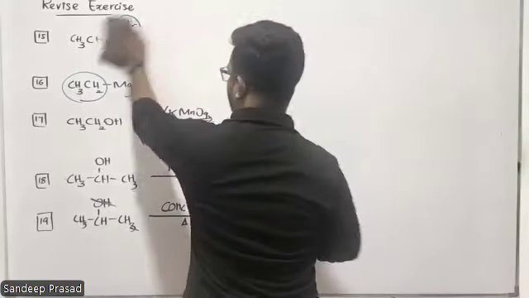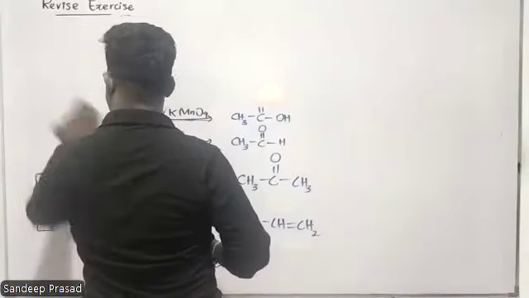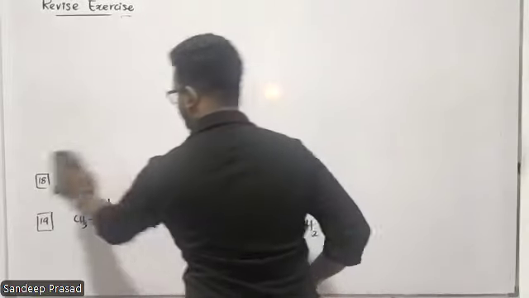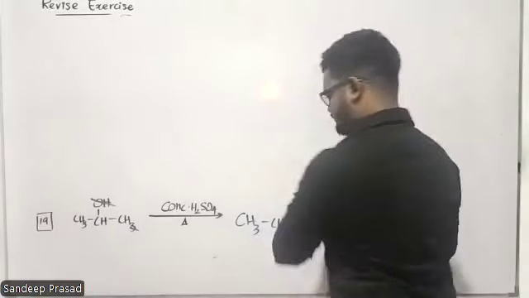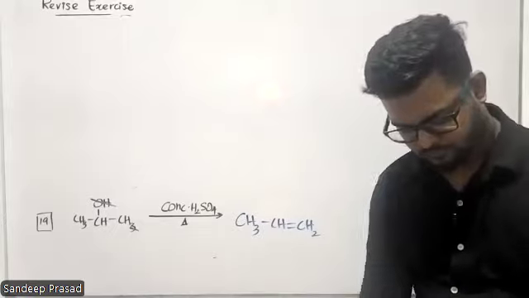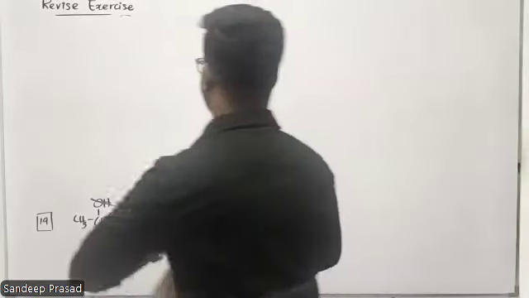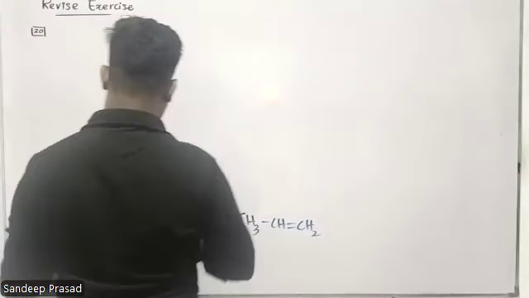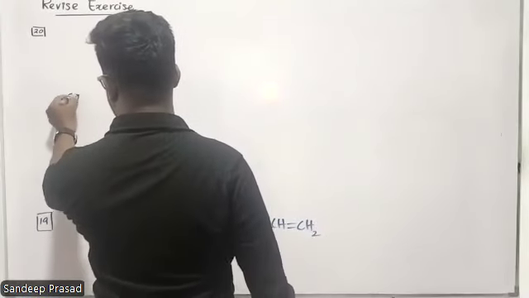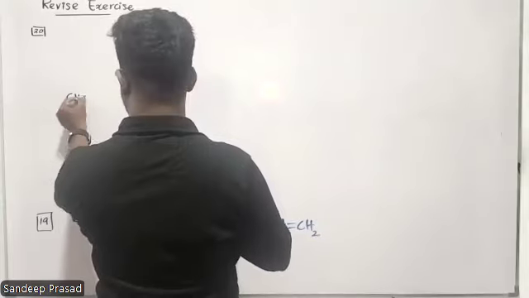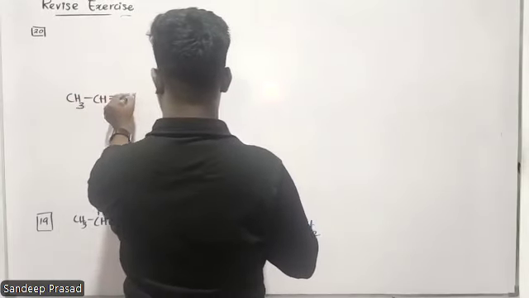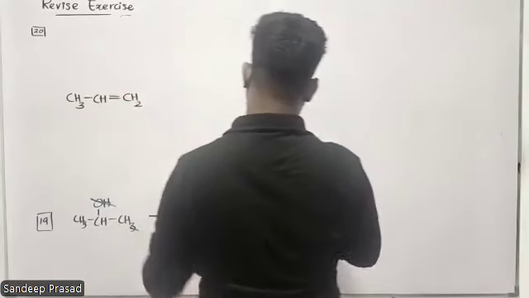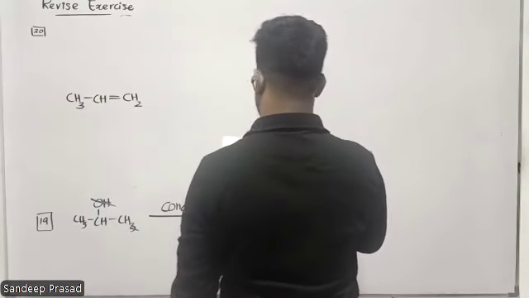Shall we move to the 20th one? Number 20. So we have this kind of alkene. Can you remember the addition reactions of alkenes, right?